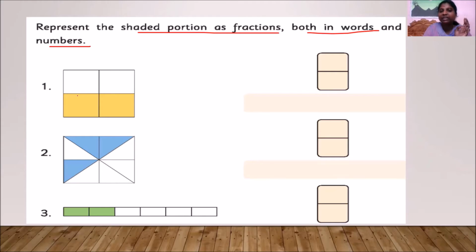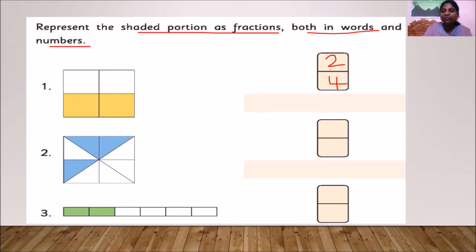Where do we have to write 4, in the numerator or denominator? So 4 we have to write in the denominator. Next, see how many parts are shaded? 1, 2. 2 parts are shaded. It should be written in the numerator. Very good.